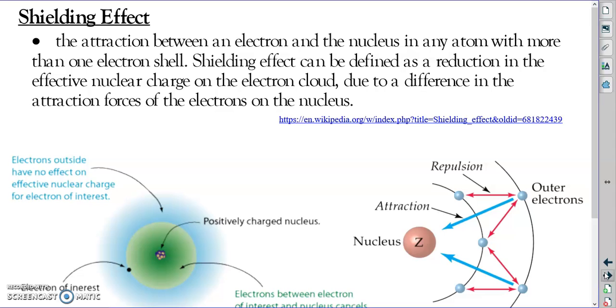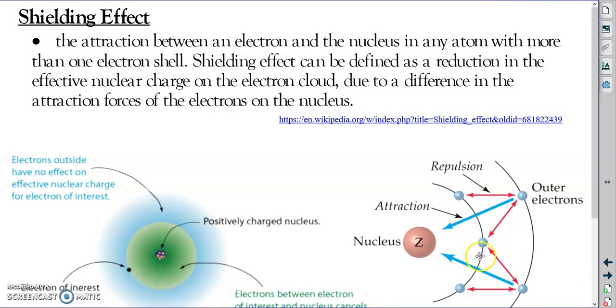So that last one, talking about adding principal energy levels, we're talking about something that's called the shielding effect. This shielding effect has to do with all these layers of electrons, and what they do is they shield the attractive force of the nucleus from the outer electrons.